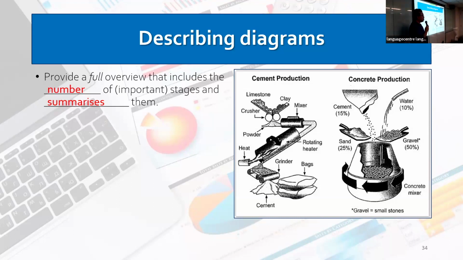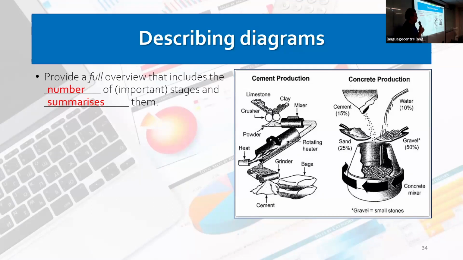I have a sample showing you how we can describe a process. I will show you that sample in a minute, but first let me give you a few reminders. In your information report, it's important to provide an overview.